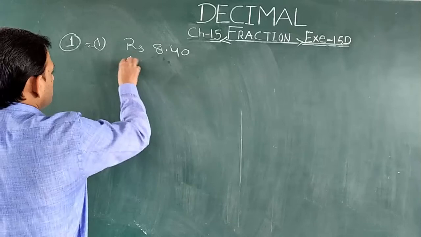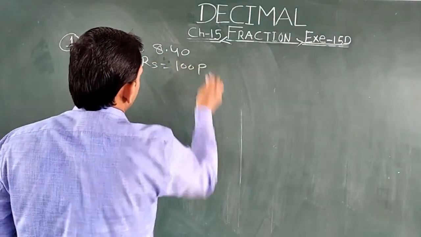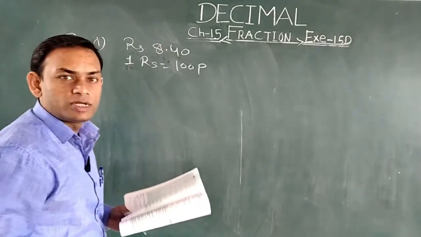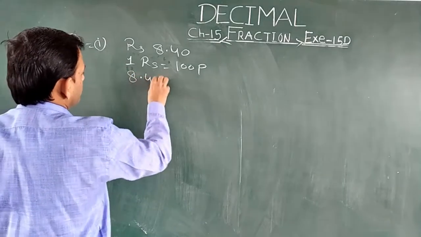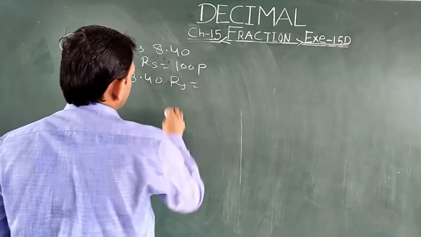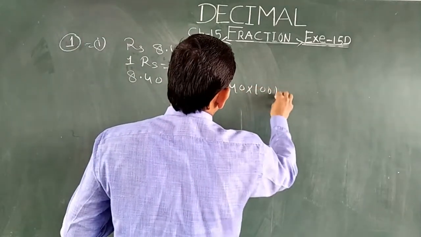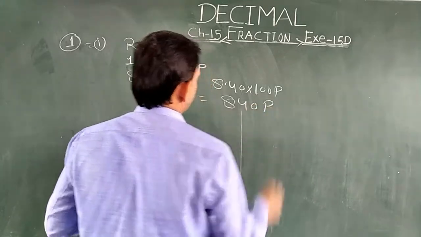I told you 1 rupee is equal to 100 paise. So to change high unit to low unit, you multiply by 100. So 8.40 rupees will be 8.40 into 100 paise, so it will be 840 paise.